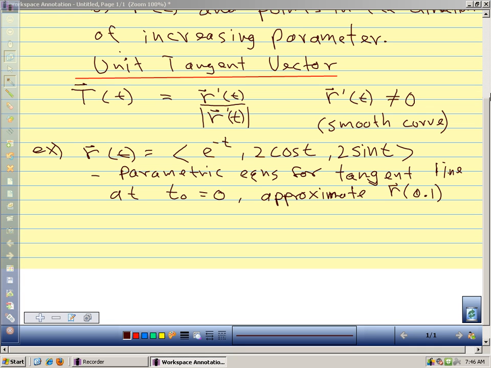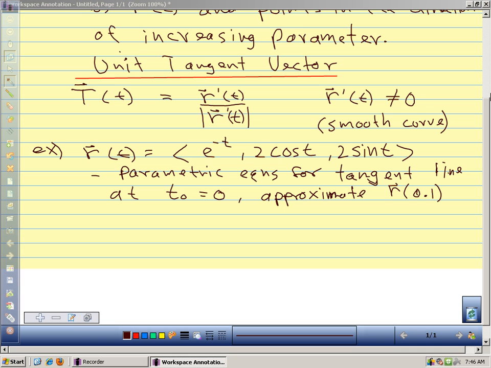If we want to write parametric equations for a line, what do we need? Remember back to chapter 11? We need a vector in the direction of the line, and we need a point on the line. That's what we need to write our parametric equations for a line.